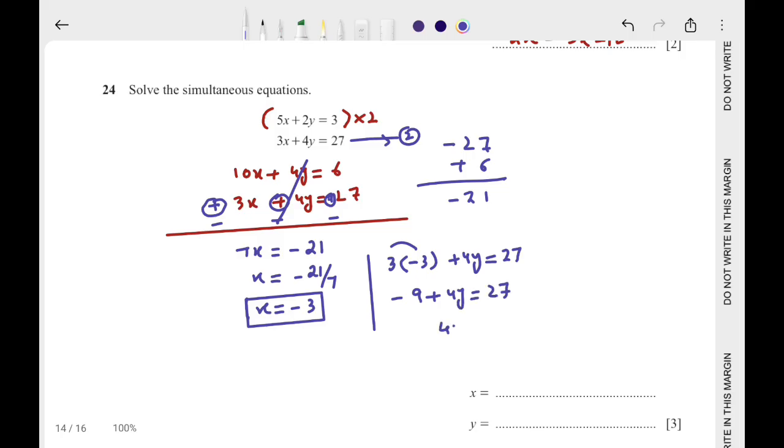Shifting will be there, and 4y is equal to 27 plus 9. 4y is equal to 36, and y would be equal to 36 divided by 4, and the final answer would be 9. So minus 3 and 9 would be the final answer.